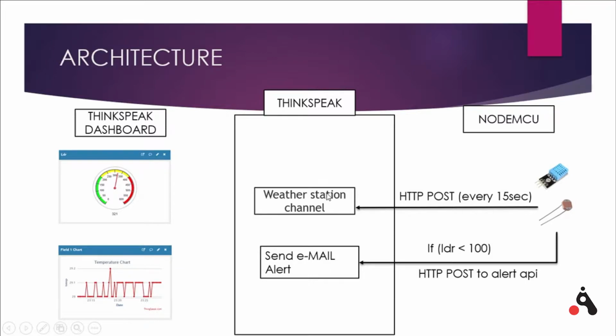We have a concept of channel in ThingSpeak, that we have to create a channel first in the ThingSpeak server, and then we have to define the API for that, and then we will get the endpoints or URLs where we can push our data, and we will see that in the next step basically.